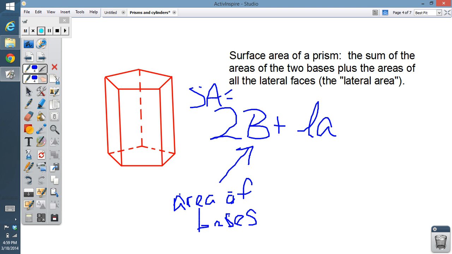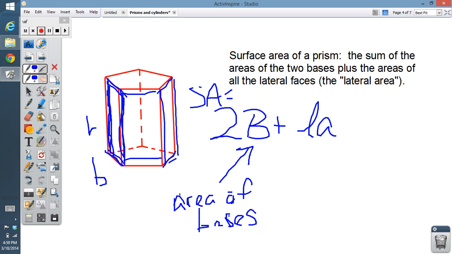Okay, now I want you to notice something. We can take the lateral area by doing all 5 of these rectangles or parallelograms. If it's oblique, there's 1, there's 2, there's 3. We can do all 5 of them and add them up together, right? But all of them are going to follow the formula for the area of a parallelogram, which is base times height, right?